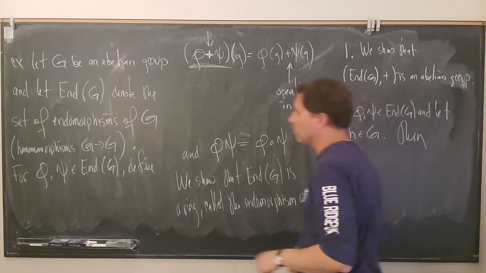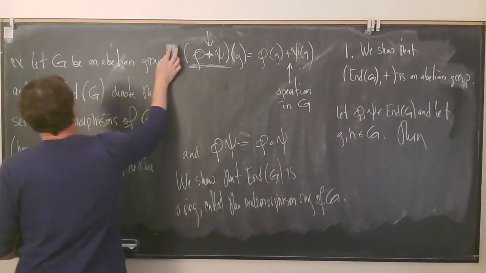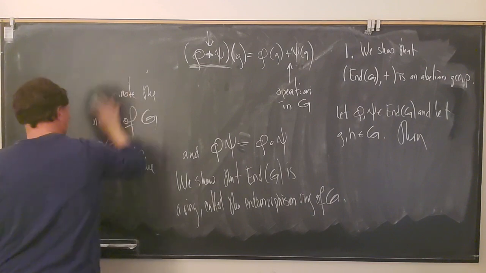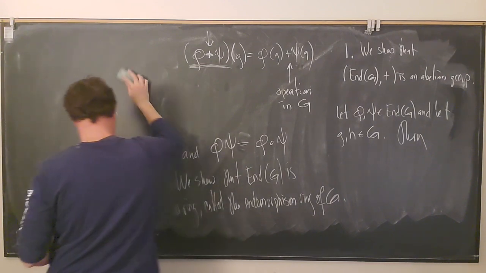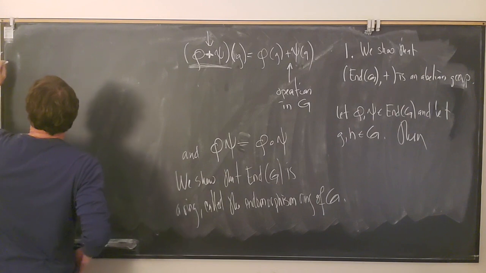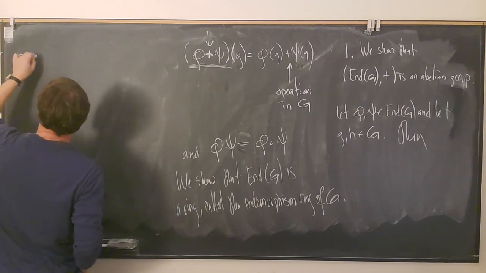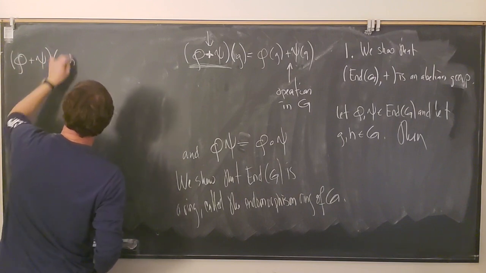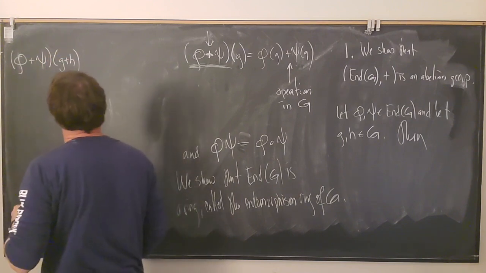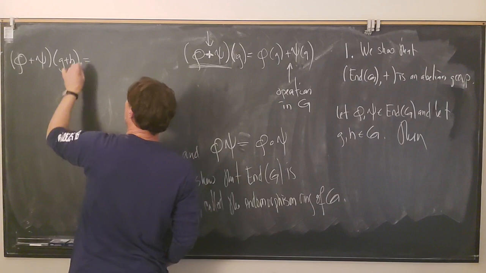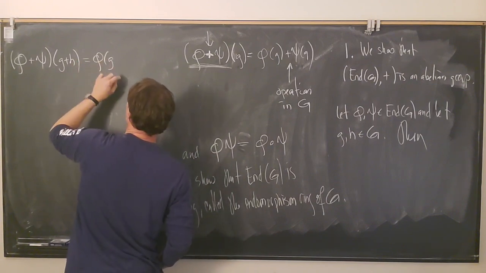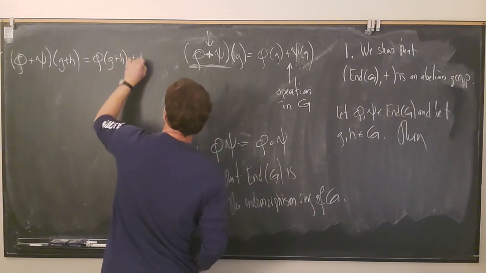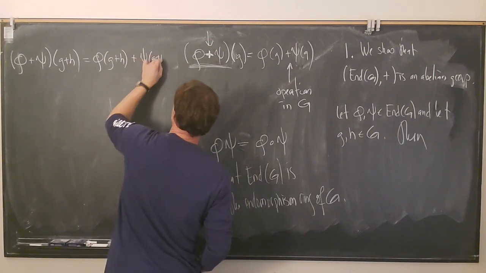Then phi plus psi of g plus h. Okay, so according to the definition, that's going to be phi of g plus h plus psi of g plus h.